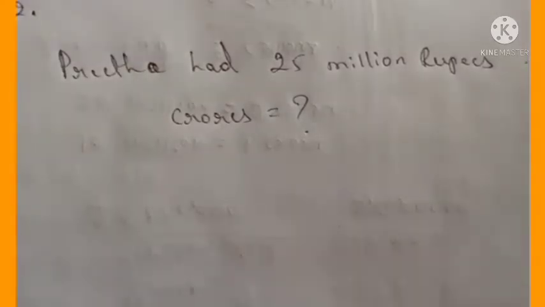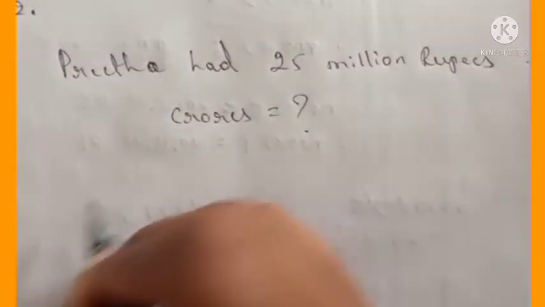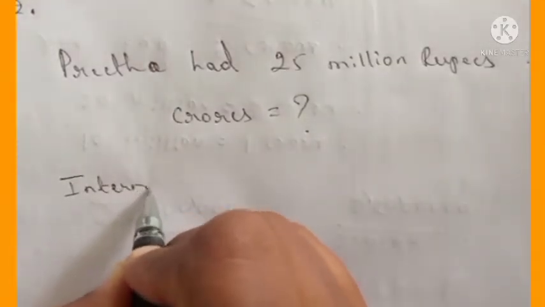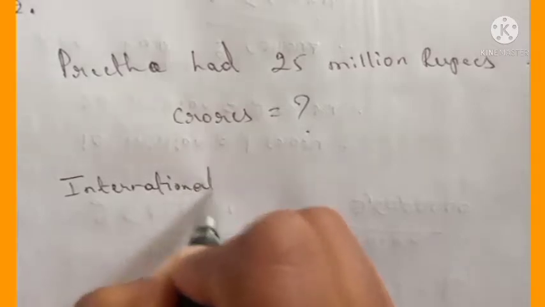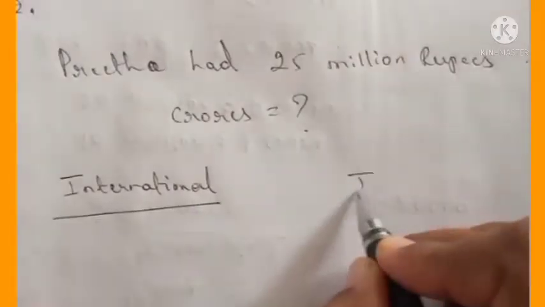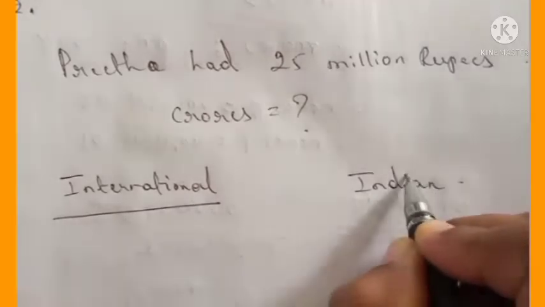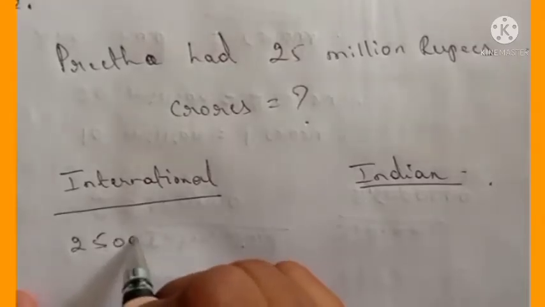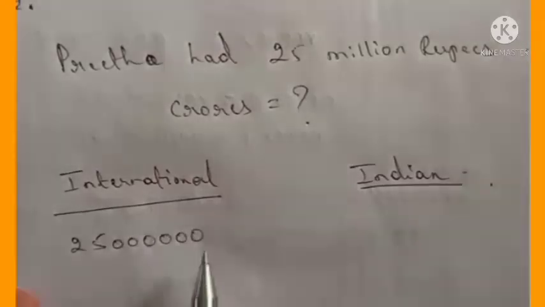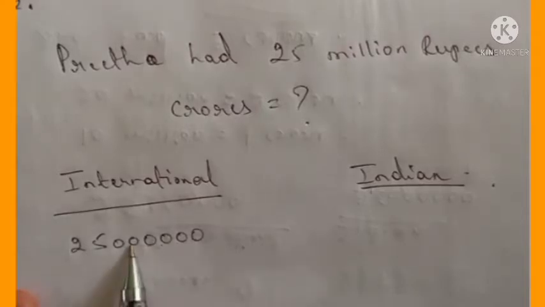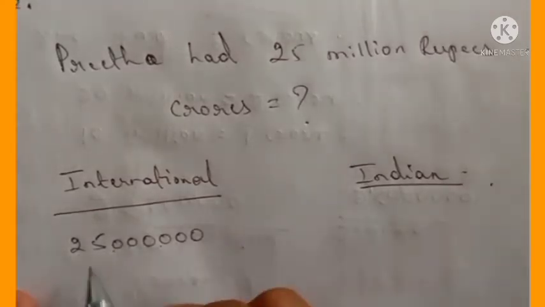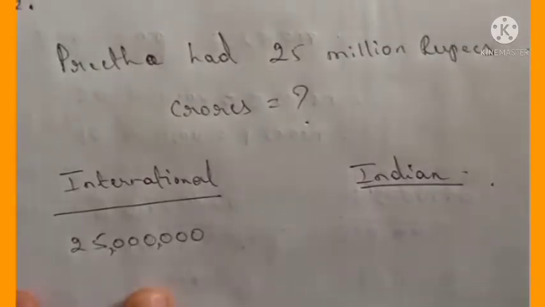Okay, so now, dear children, see, I am going to write international. So this is international system and this is Indian system. Okay, so now 25 million we are going to write here. Okay, so ones, tens, hundreds, 1,000, 10,000, 100,000. Okay, 100,000, million, 10 million. So this is in international system.